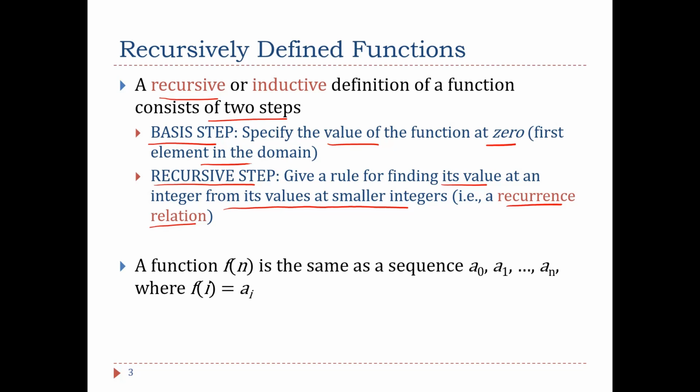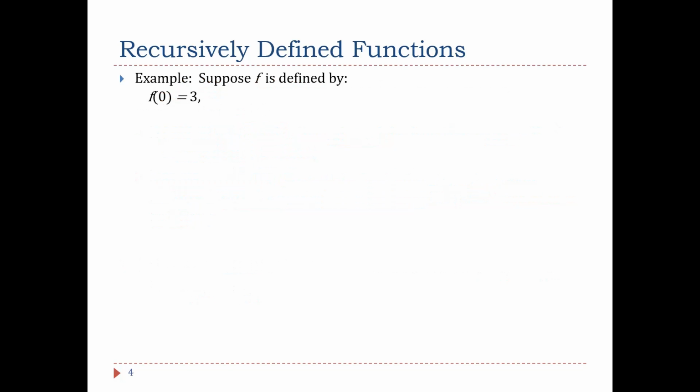So typically, in this case, f of n is the same as the sequence a0, a1, up to an, where f of i is the index i. So let's consider a couple of examples.